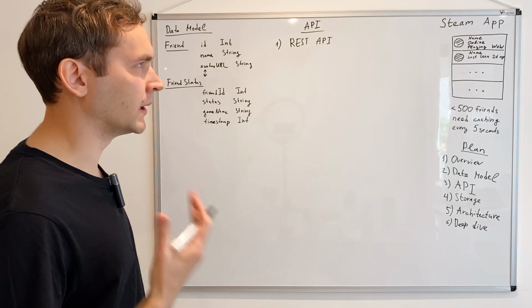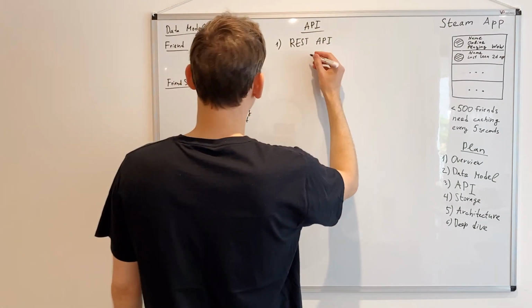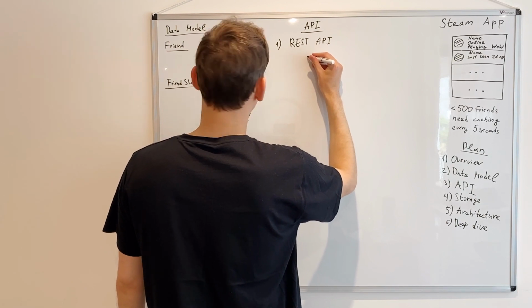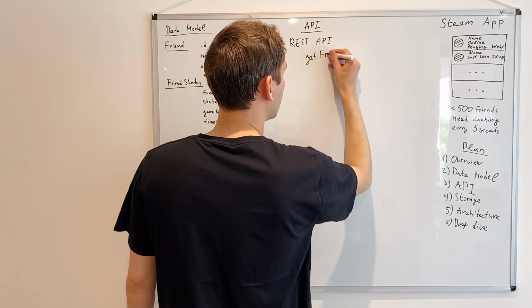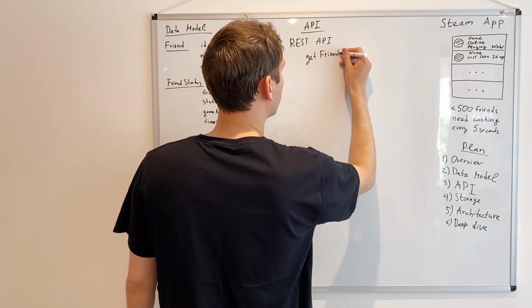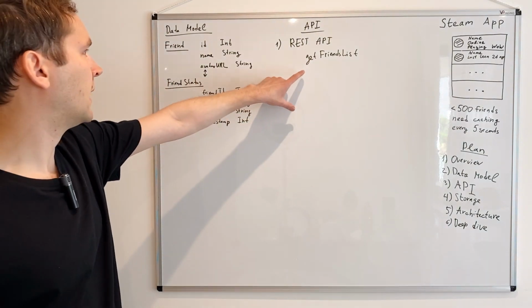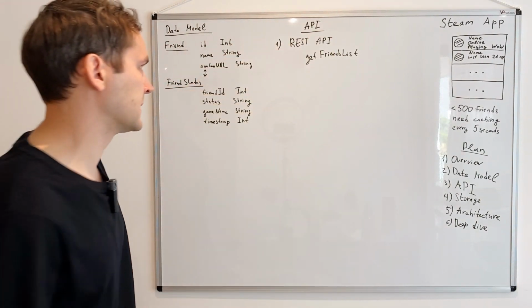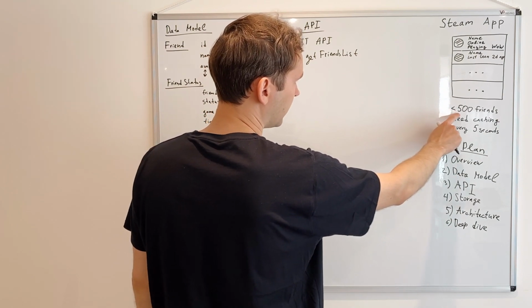What kind of request do we need here? It could be just a GET HTTP request, called GET friends list. That would return our whole friends list. We don't actually have a lot of friends, only 500.